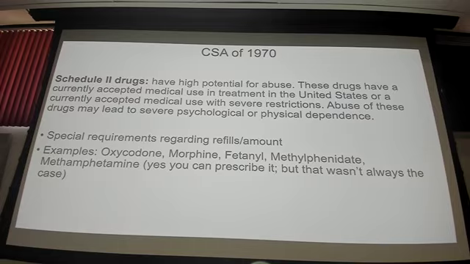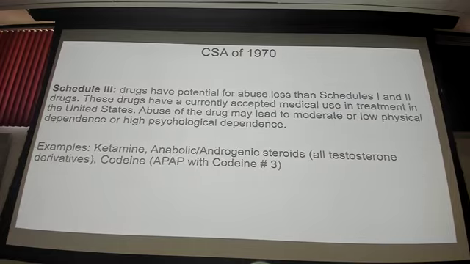Schedule 3, these are less habit forming than Schedule 1 and 2, and they may lead to moderate or low dependence. They include ketamine, the anabolic steroids, and some codeine formulations with APAP Tylenol.